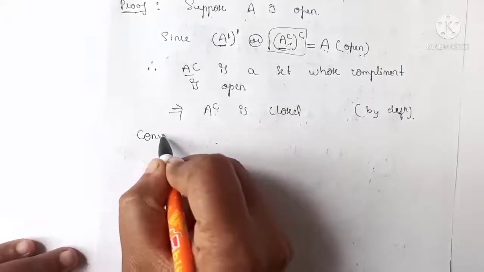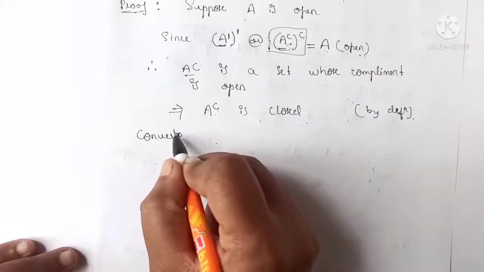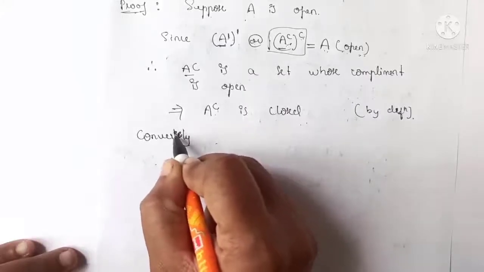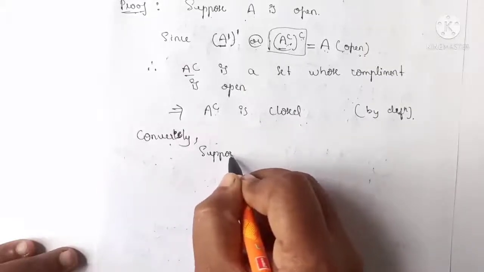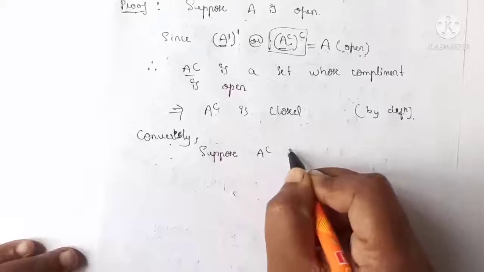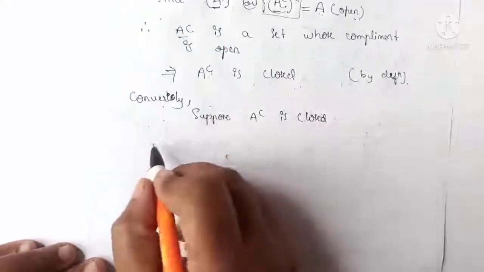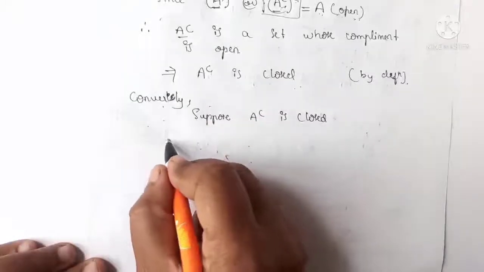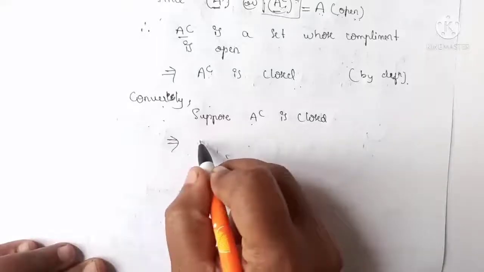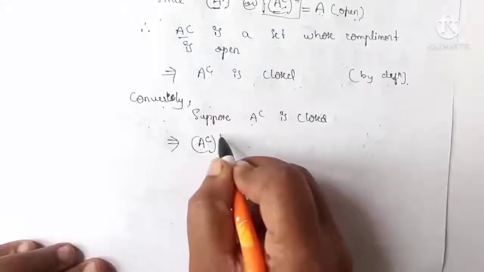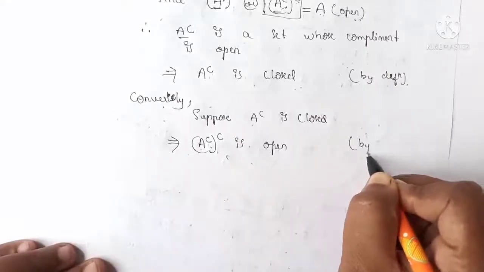Conversely, now we assume that A complement is closed. A complement is closed means its complement will be open by the definition. So the complement of this A complement is open, by definition.